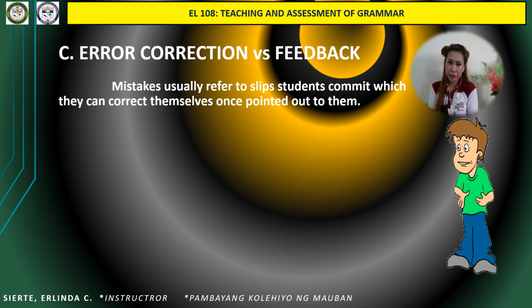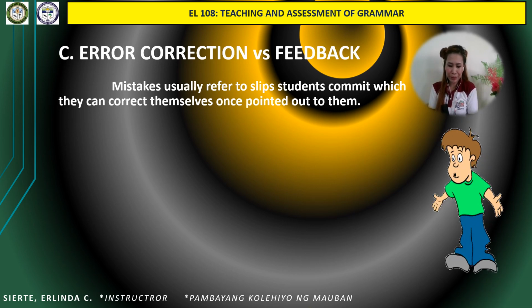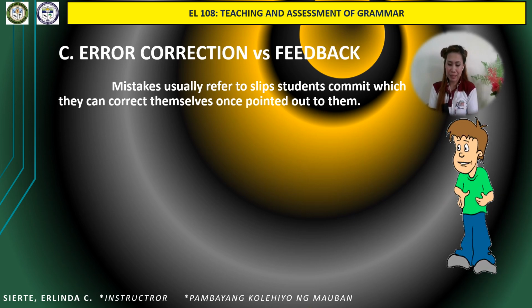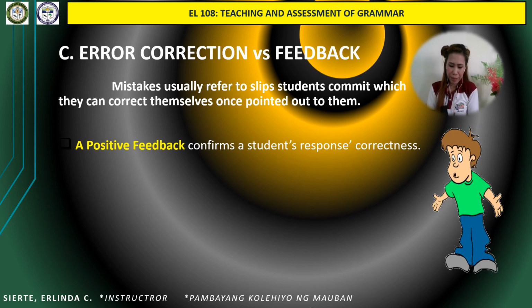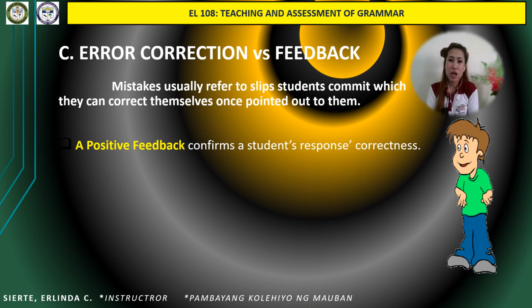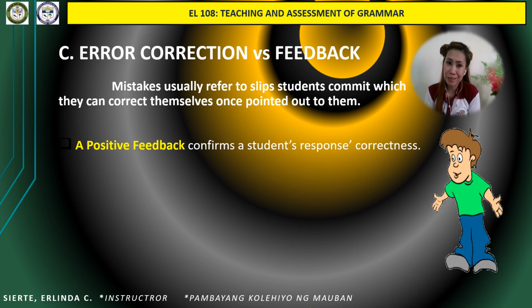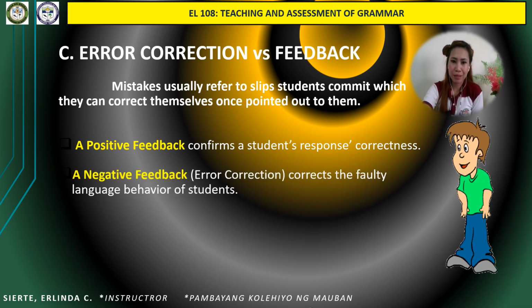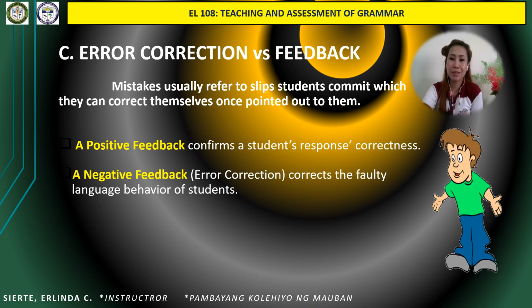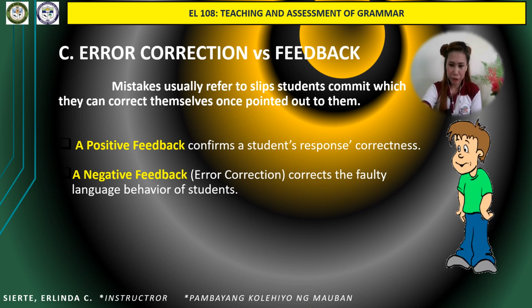The teacher's reaction towards errors students have committed is very important, all right? So we have a positive feedback, which confirms a student's response correctness, and a negative feedback, which is the error correction, which corrects the faulty language behavior of the students.